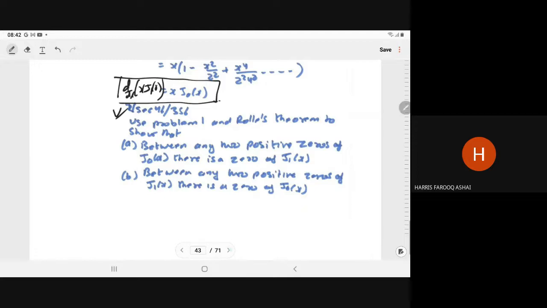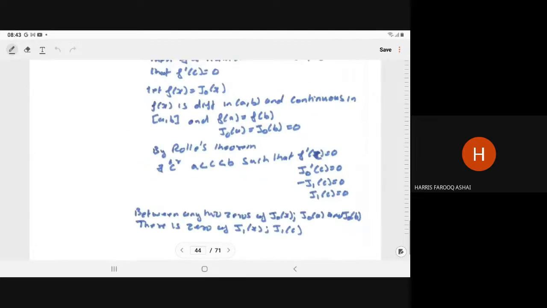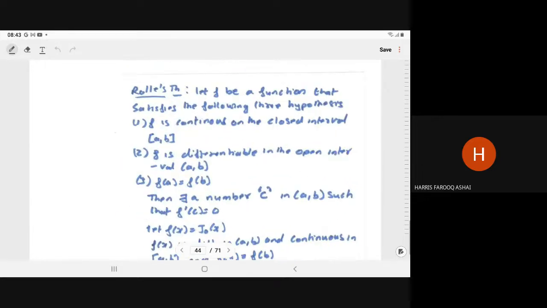So first you have studied the Rolle's theorem in the math 1. So what is the Rolle's theorem? Let us brush up the Rolle's theorem. Rolle's theorem is, let f be a function that satisfies the following three hypotheses. It must be continuous in the closed interval.